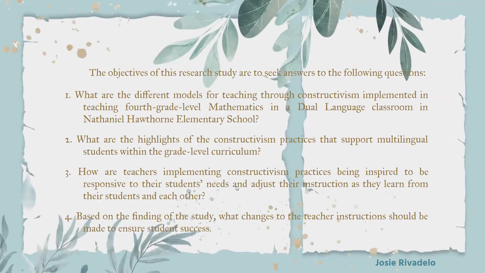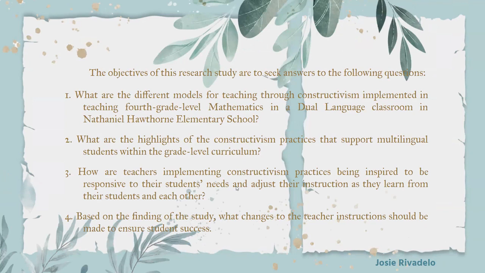The objectives of this research study are to seek answers to the following questions. What are the different models for teaching through constructivism implemented in teaching fourth grade level mathematics in a dual language classroom in Nathaniel Hawthorne Elementary School? Number two, what are the highlights of the constructivism practices that support multilingual students within the grade level curriculum?